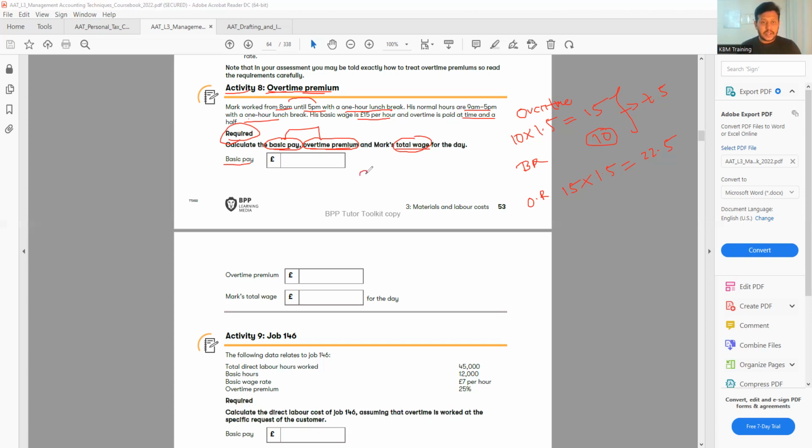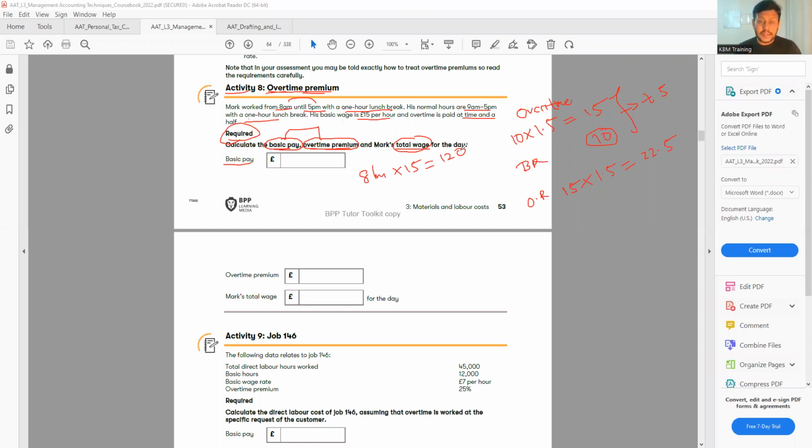With 8 hours, I'm going to multiply with what rate? I'm going to multiply with 15. Very well done. And if I multiply, it will give me how much? 120. Very good. Now the basic payment is £120.